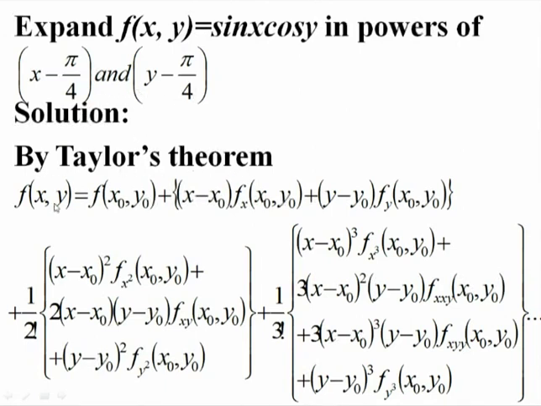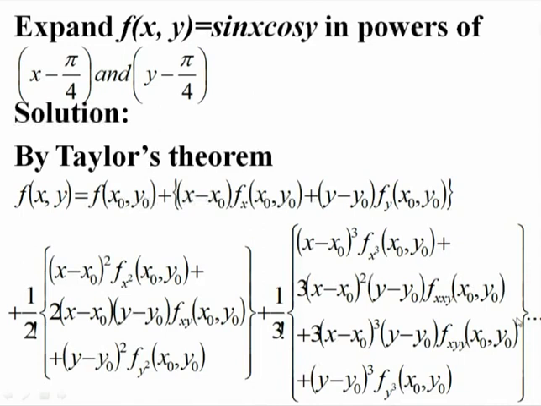By Taylor's theorem, we know that f of (x, y) is equal to f of (x0, y0) plus (x minus x0) into del f by del x at (x0, y0) plus (y minus y0) fy at (x0, y0) plus 1 upon 2 factorial, (x minus x0) whole square into fxx at (x0, y0) plus 2 times (x minus x0) into (y minus y0) fxy at (x0, y0) plus (y minus y0) square fyy at (x0, y0), plus 1 upon 3 factorial these terms, right?